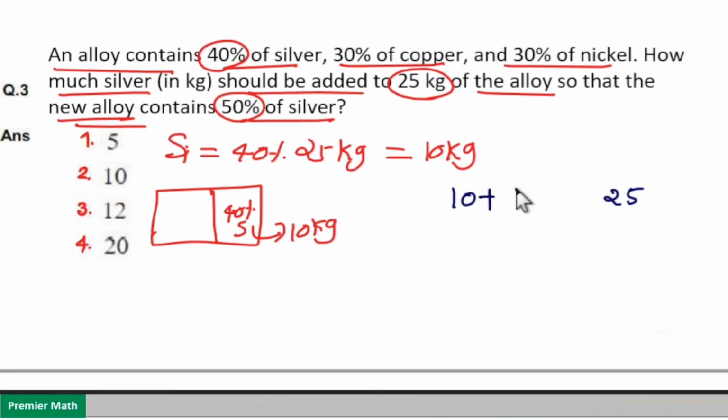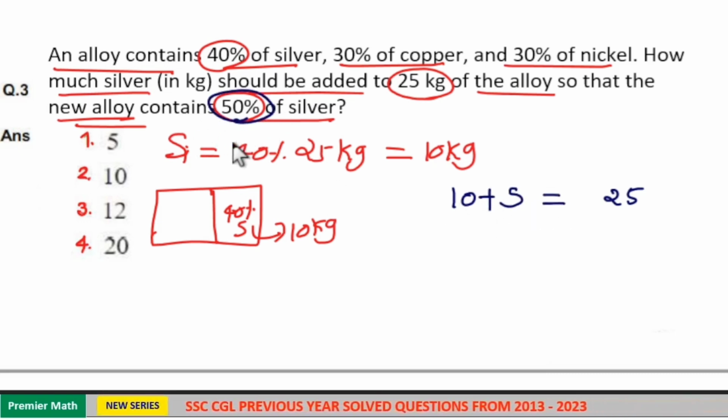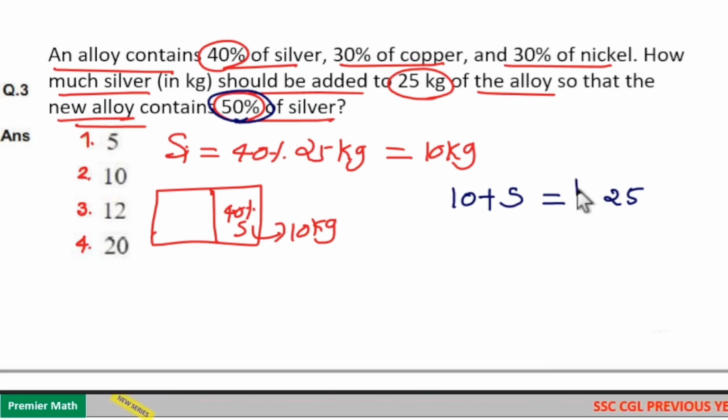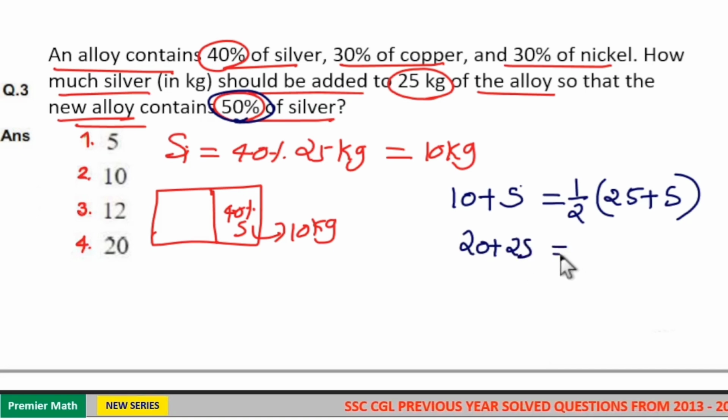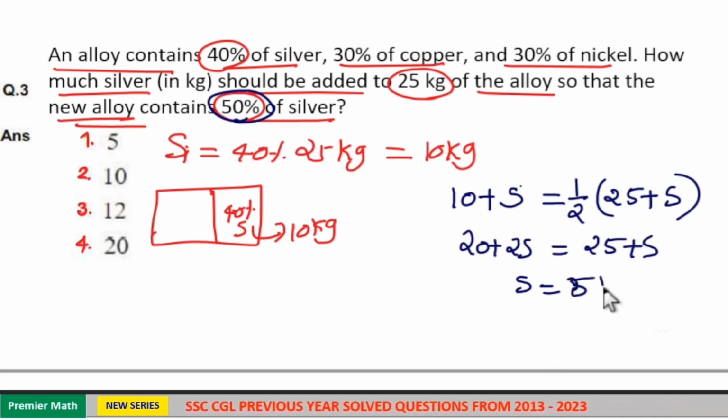So when I add S kg silver to it, it should become 50% of the new alloy. 50% means half of it, that is 1 by 2. So when I add S kg of silver, the new alloy weight will become 25 plus S. So 20 plus 2S is equal to 25 plus S, which means S is equal to 5 kg.